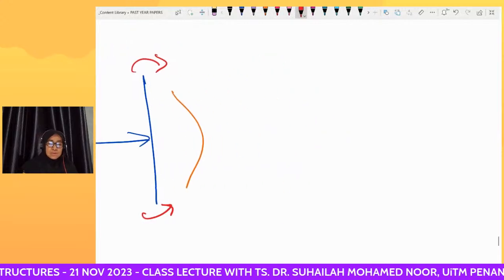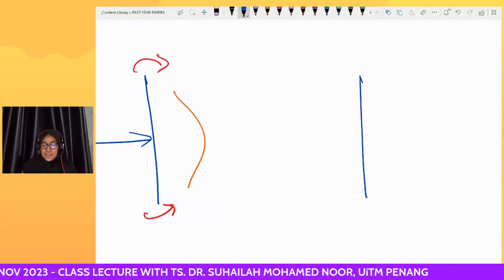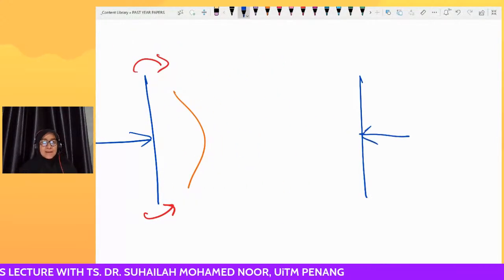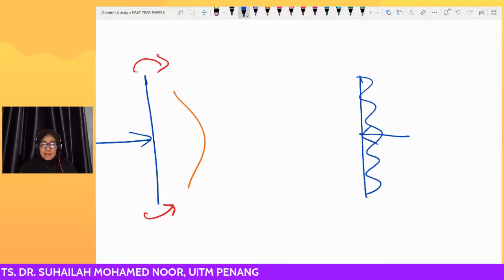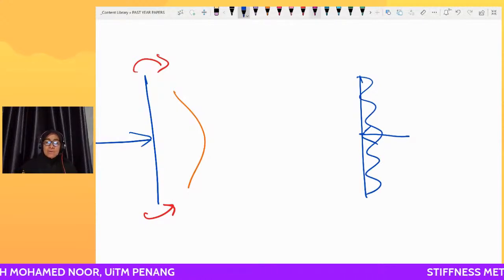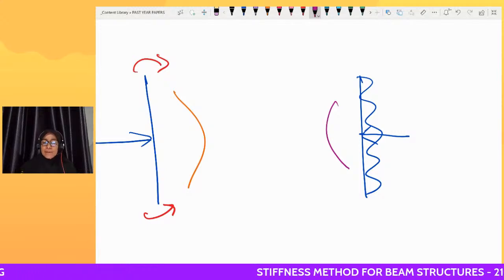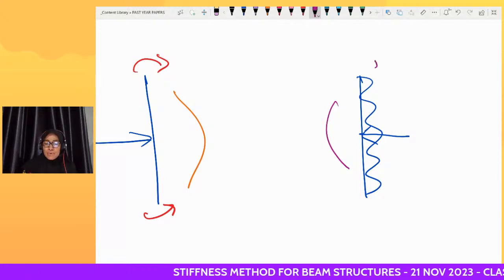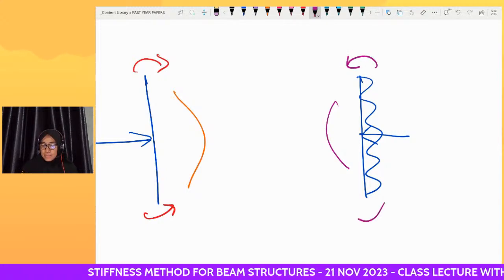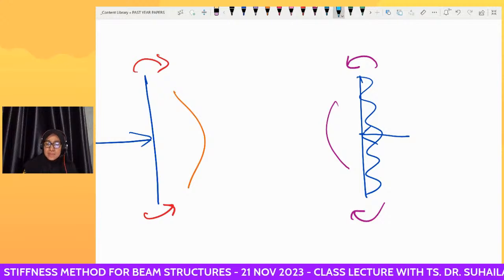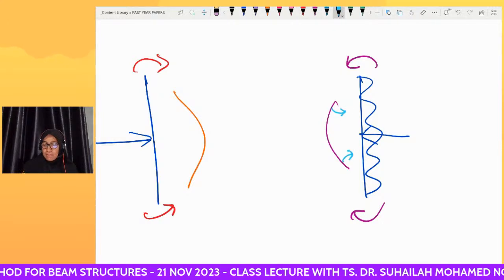Another one, if loading comes from this side, maybe UDL, it bends like this. So the moment will push this and this, because this one must be straight back.